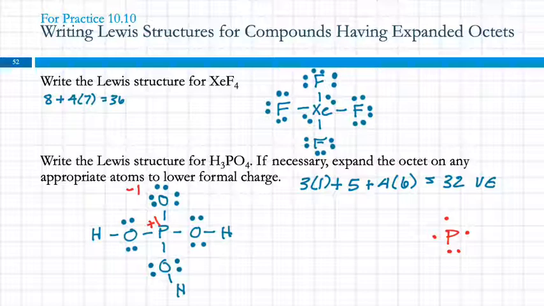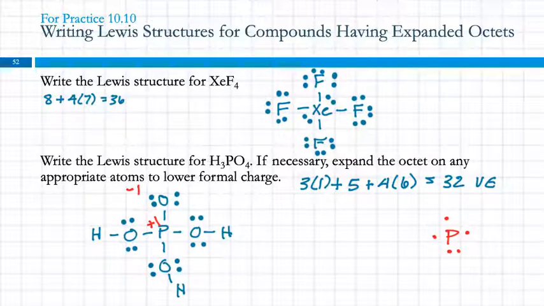Okay, so could we lower those formal charges to 0? Well, can phosphorus handle more than 8 electrons? It can. So let's do that, because this negative formal charge on the oxygen is saying that oxygen's got a little too many electrons. So we want to shift this to get some away from the oxygen.